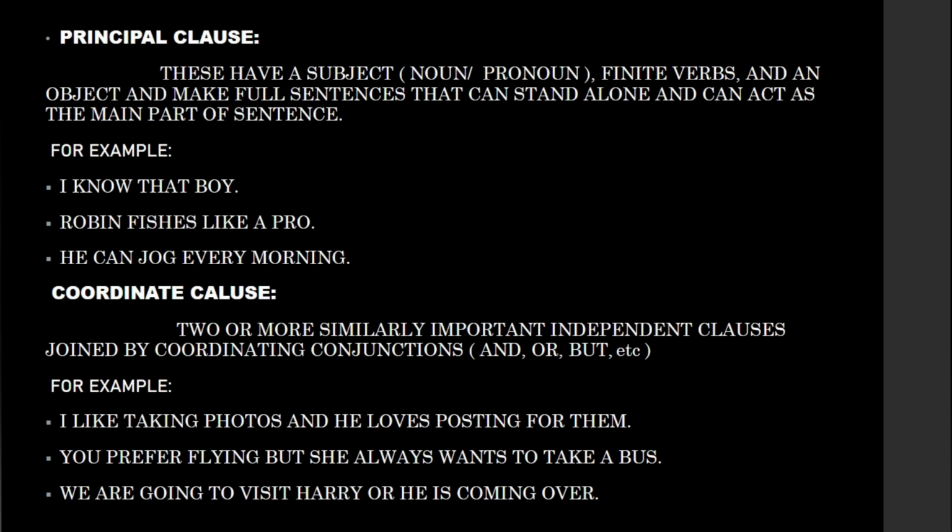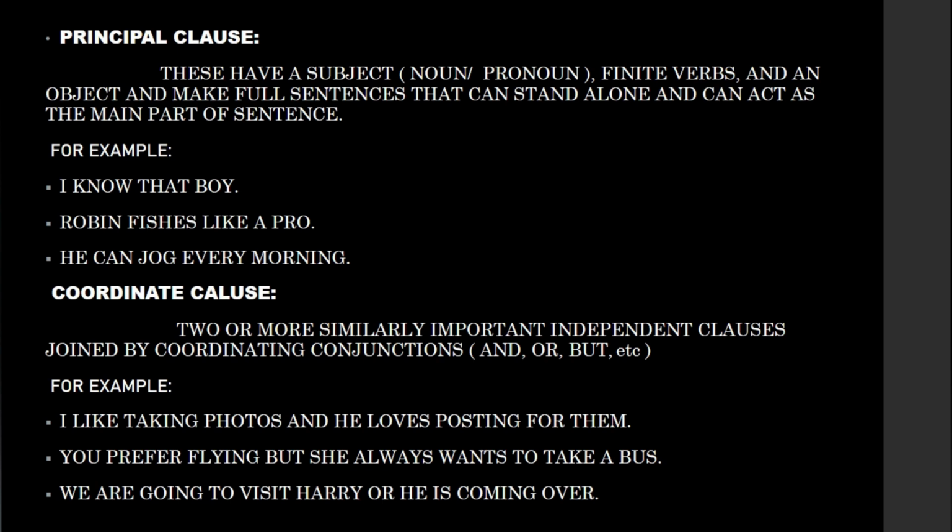So moving towards the third type of clause, that is principal clause or main clause. These have a subject. Subject can be a noun or pronoun, finite verbs, and an object, and make full sentences that can stand alone and can act as the main part of a sentence. So a clause that has its own subject and a finite verb.